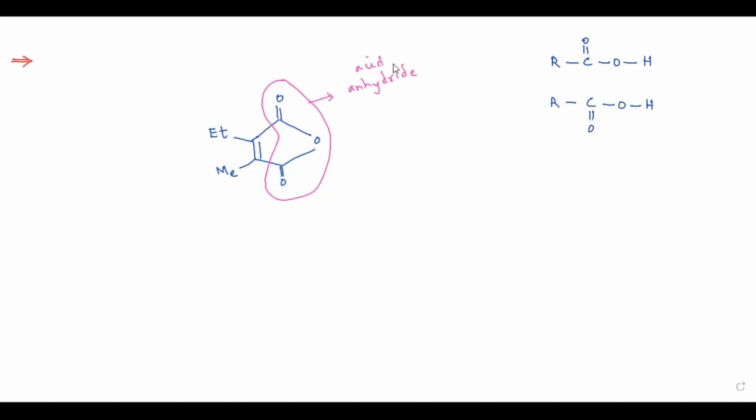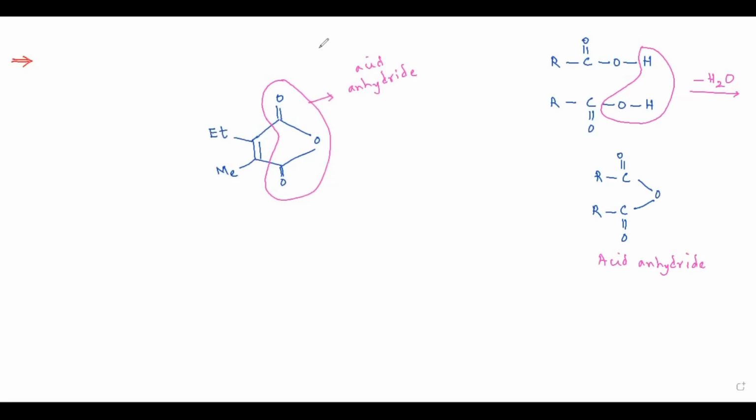Now from these two acids, when a water molecule is removed, minus water, that is what we call anhydride. Anhydride is nothing but without water. So now when you consider this, you will get R C double bond O, then again C double bond O, and then this R. This is the acid anhydride. In fact, this is the general formula of acid anhydride.